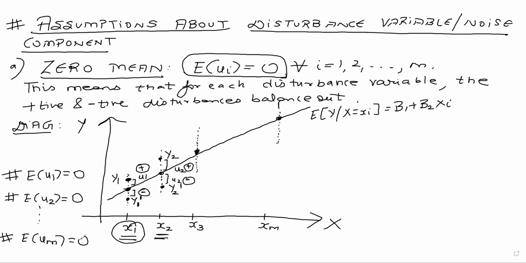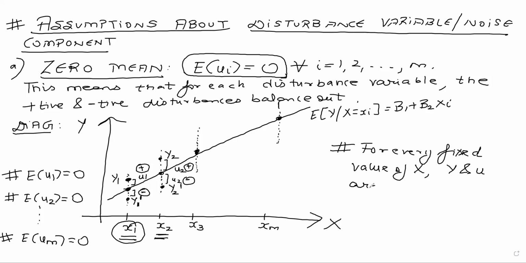That means for every fixed value of x, y is a random variable, and u is also a random variable. I can write this: for every fixed value of x, y and u are random variables, both of them, such that expected value of ui is equal to 0.